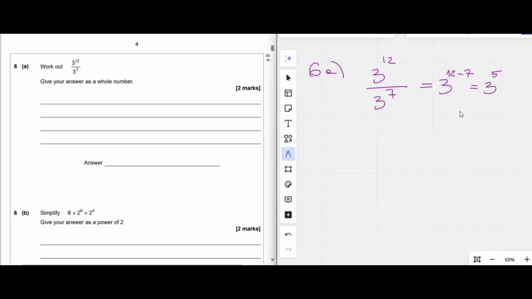This is a non-calculator paper, so let's write 5 times 3, with multiplication between them. From here we have 27, and from here we have 9, so just 27 times 9. So 243 is the answer.